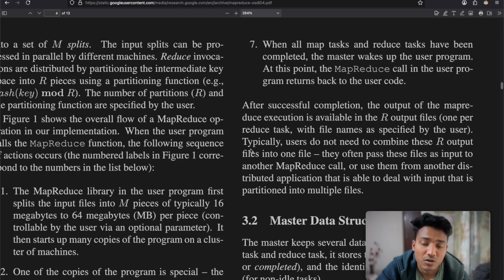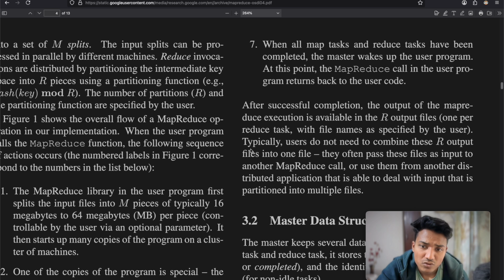After successful completion, the output of the MapReduce execution is available in the R output files, one per reduce task, with file names as specified by the user.